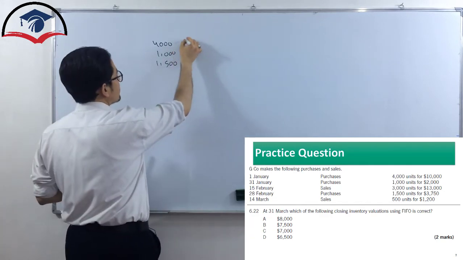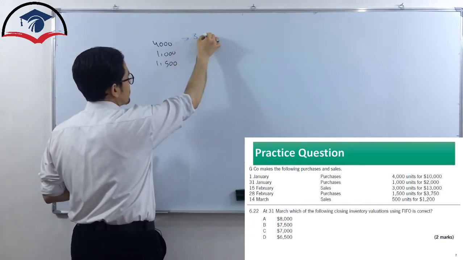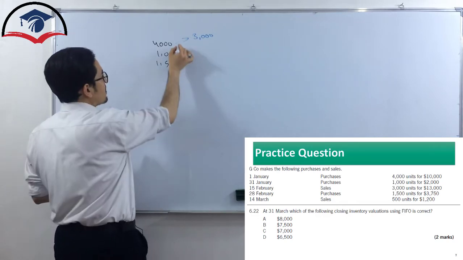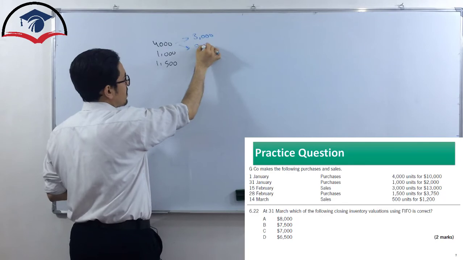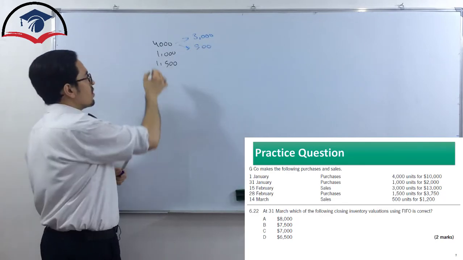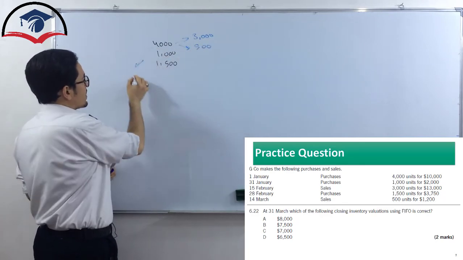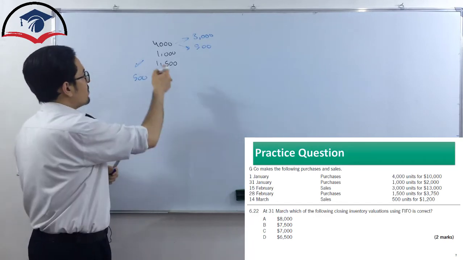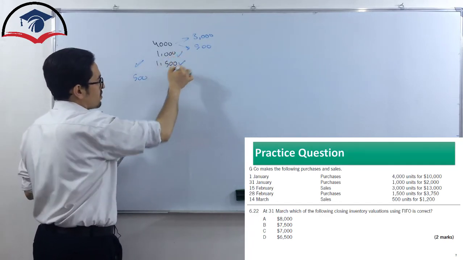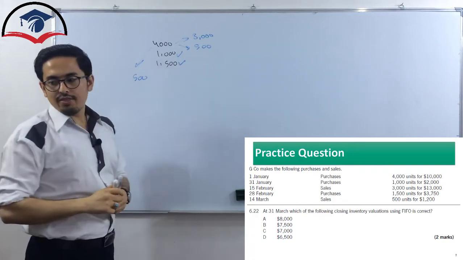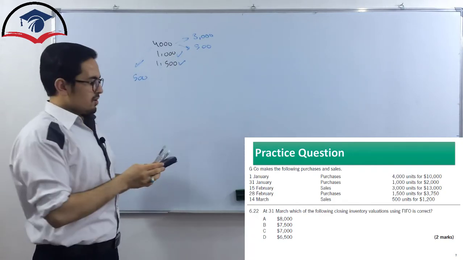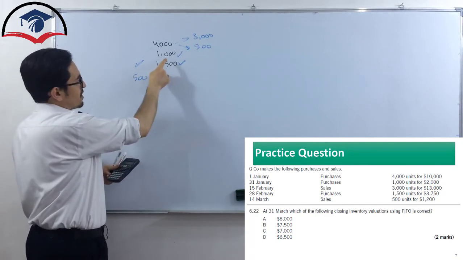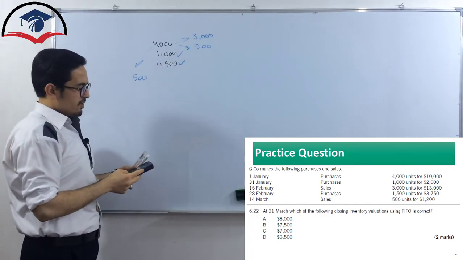We can see that this 3,000 is already covered within the first 4,000, and the remaining 500 is also possible to be covered here. So we will conclude that 500 from this one is still pending, and we have still this 1,000 and 1,500. Therefore, the remaining balance of the business will be this 500 plus 1,000 plus 1,500.